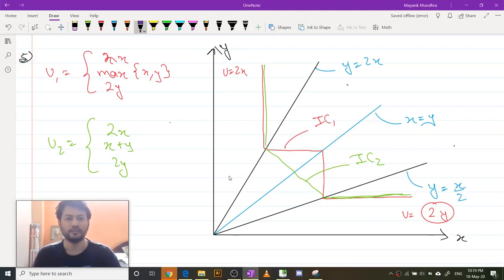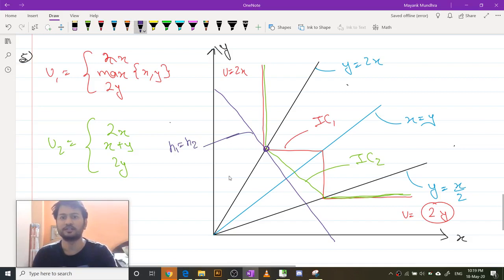If your budget line looks like this, which is very steep, then both the agents are going to demand this point. This is the highest point which either of them can achieve. So in this situation you have h1 equals h2. If the budget line is very slanted like this, then in this case they are both going to demand the same point again.